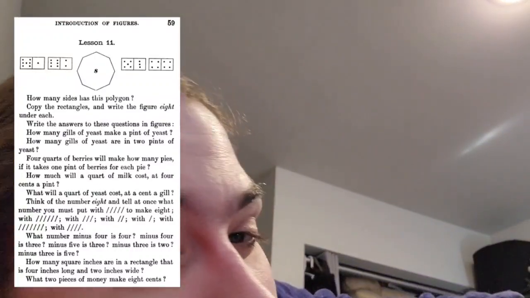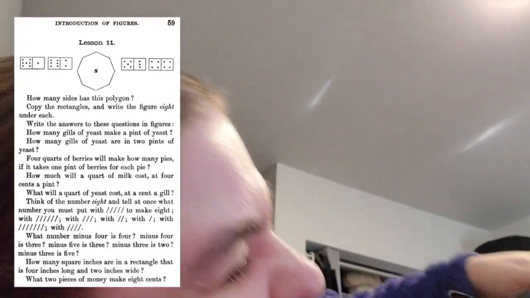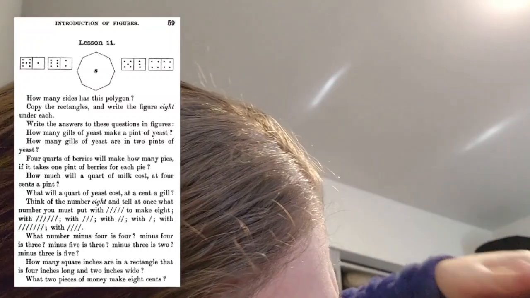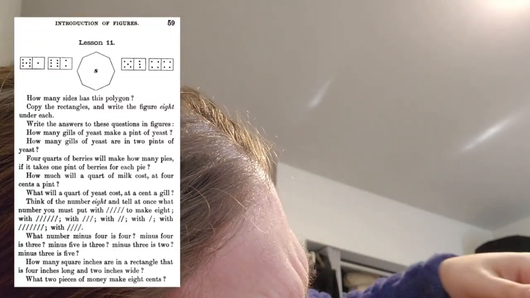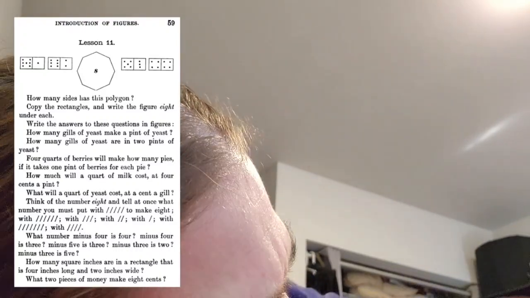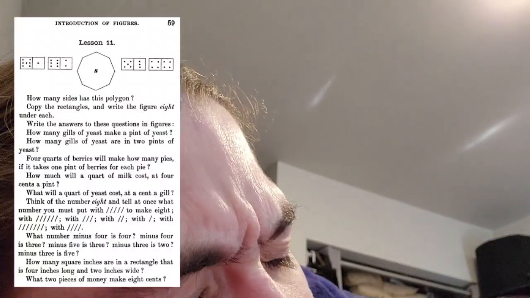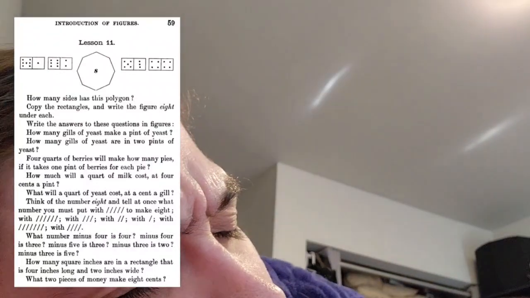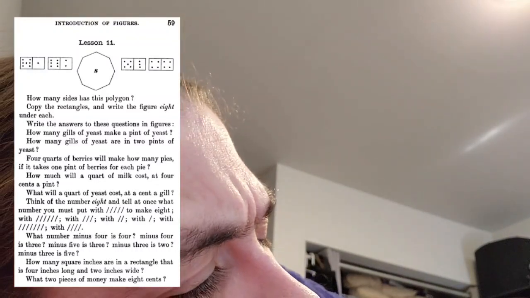Hey, Cat. Okay. 4 quarts. We need to figure out how many pints. I think it's only 2 of them. Is it only 2 pints? But I'm confused. Because it takes 2 pints to go into 1 quart.